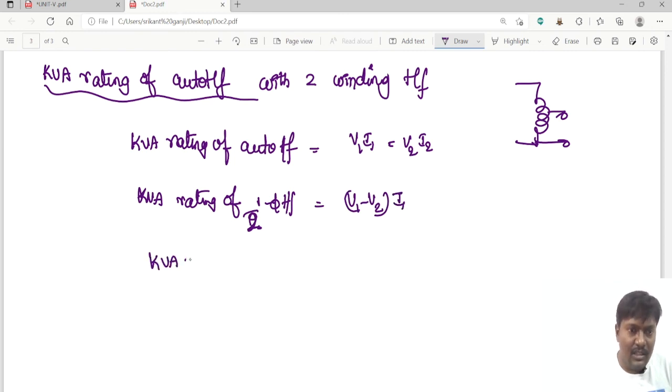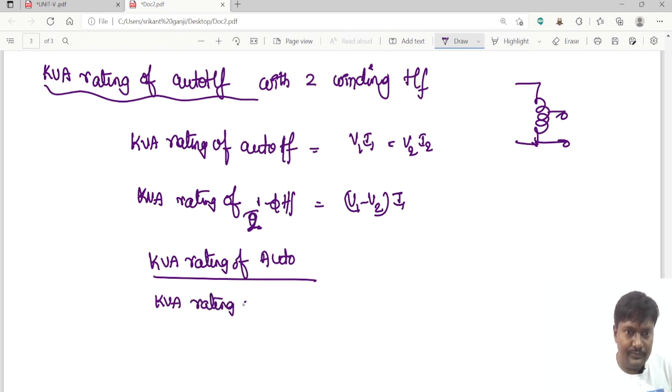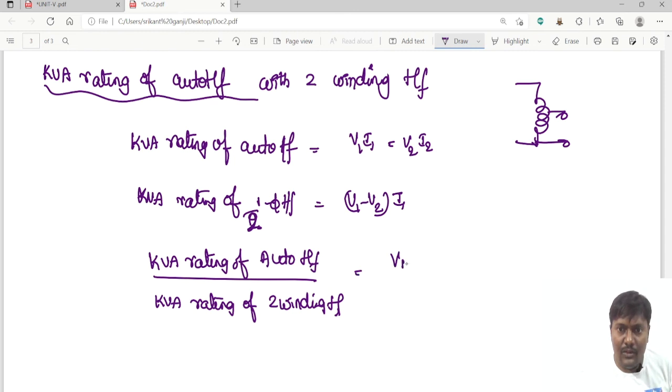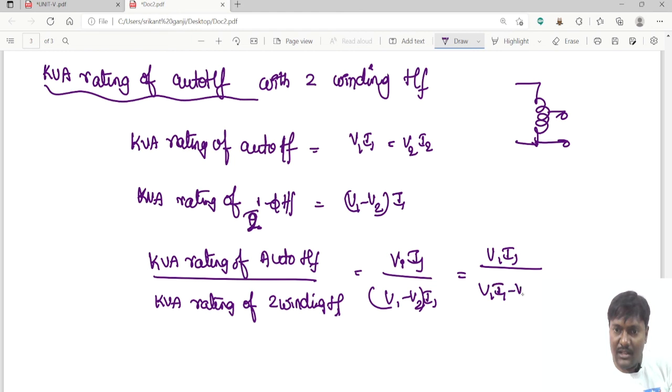So kVA rating of auto divided by kVA rating of two winding transformer is V1 I1 divided by (V1 minus V2) into I1.